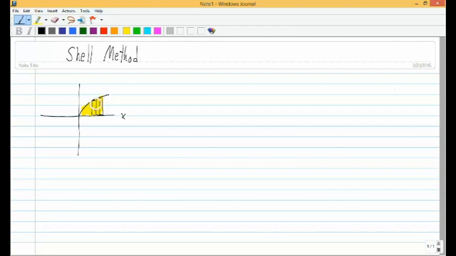When you revolve a vertical rectangle about a horizontal line, you're going to form a disk. You may or may not be missing some stuff inside. If you're missing stuff inside whenever you revolve, then it becomes a washer. But that's what we've been doing so far.